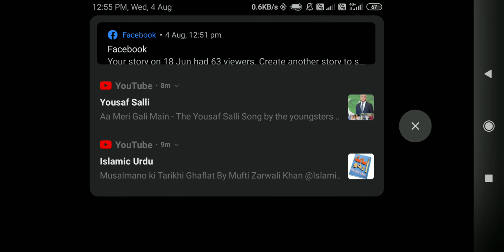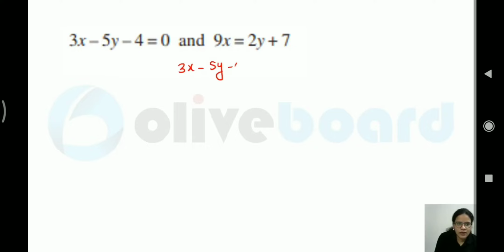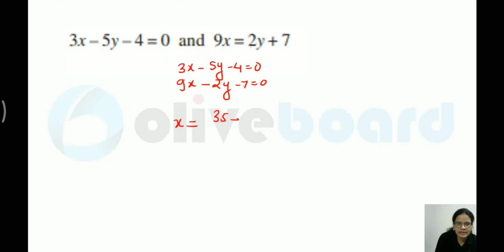Let me solve one more question so that it becomes clearer. 3x minus 4y minus 4 is equal to 0. Again, take it on one side. 9x minus 2y minus 7 is equal to 0. When I am talking about x, multiply them in 4. 7 5s are 35 minus, this is 8 divided by 3 2s are minus 6 minus of minus 45, because here you have 9 5s are 45.